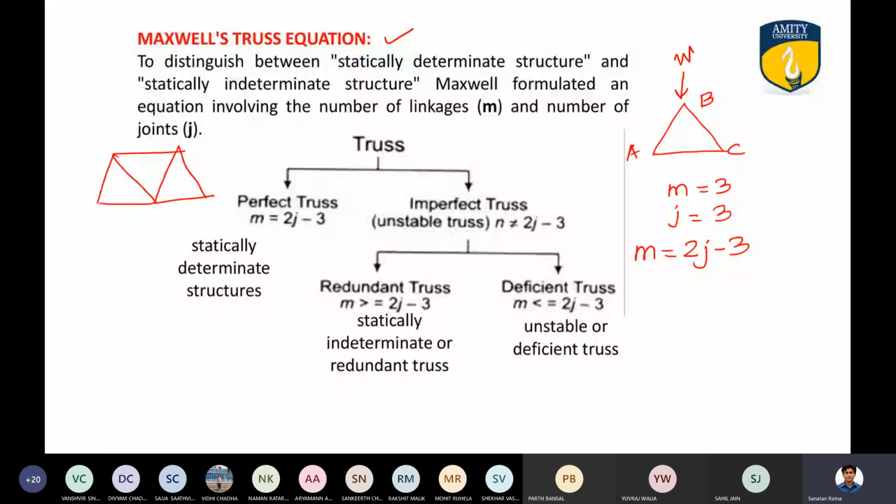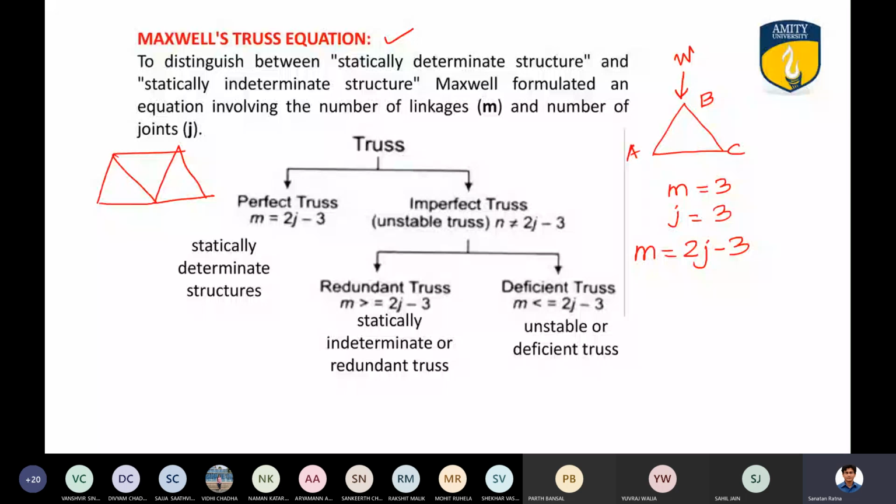This is the Maxwell truss equation. If this equation is satisfied, it means that we have got a perfect truss, able to support the load without any appreciable deformation.